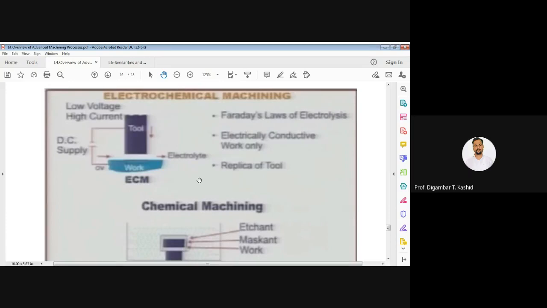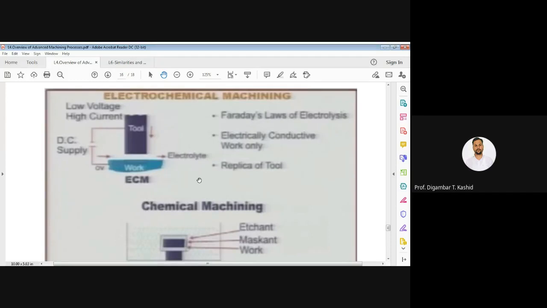Once the current starts flowing, the electrochemical reaction will take place. I repeat, once current starts flowing from the tool through the electrolyte to the workpiece, the circuit is complete, and in that process the electrochemical reaction takes place. How does it take place?